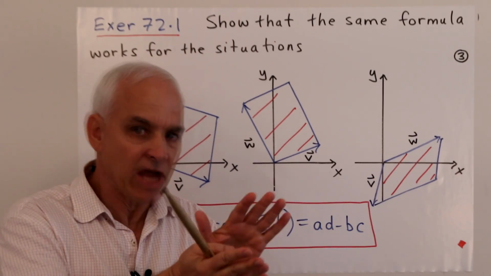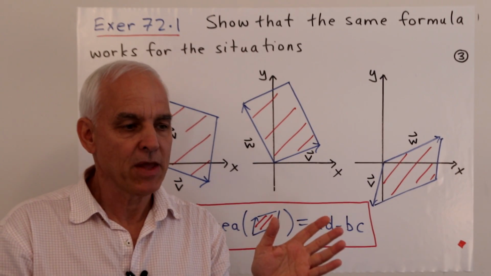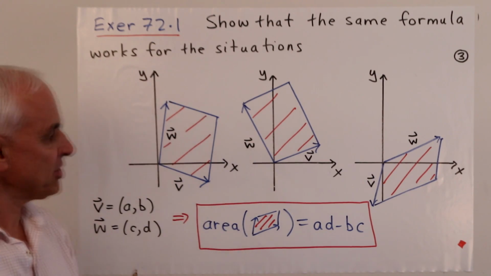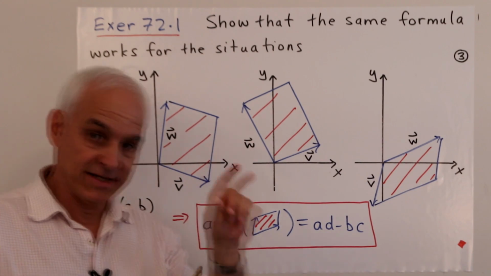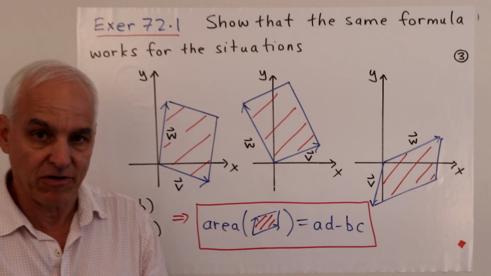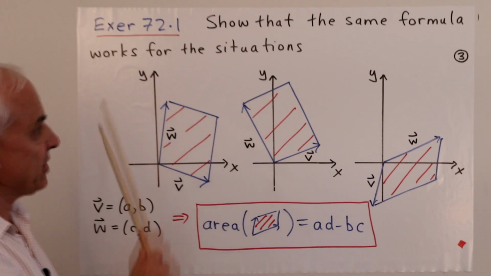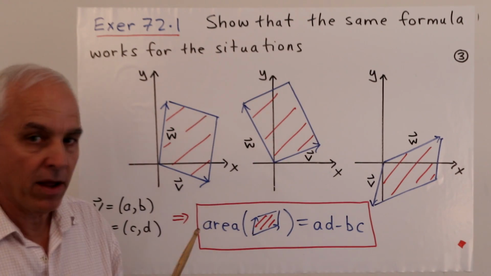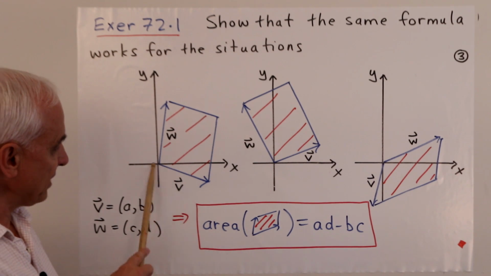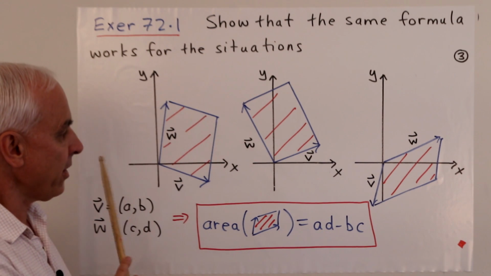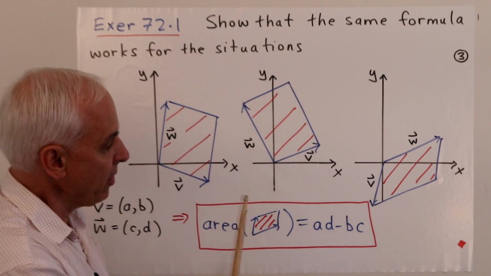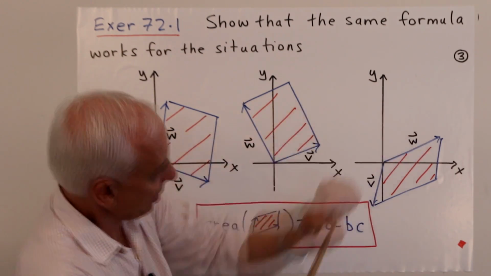Now, cut and paste kind of arguments like the one we just had depend on the relative positions of things. And it's interesting to investigate whether the same derivation holds when our vectors v and w are in somewhat different positions. So as an exercise, please show that the same formula actually applies also in these different kinds of situations. If we have, say, vector v down here and w here, or if we have our parallelogram here, v here and w here, or perhaps v here and w here.